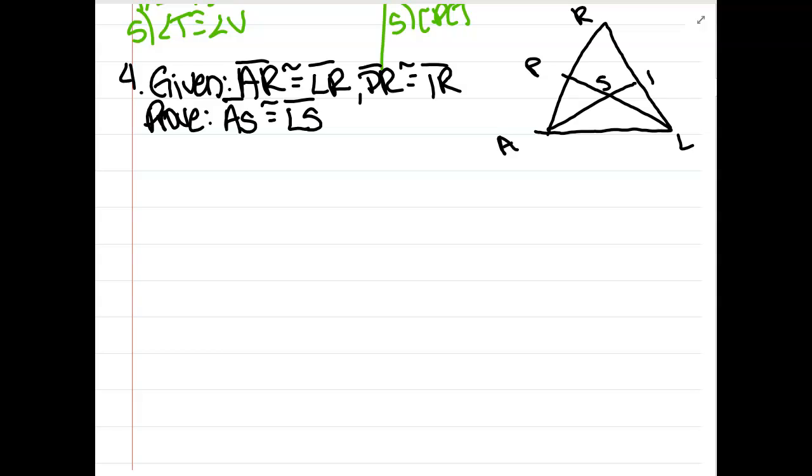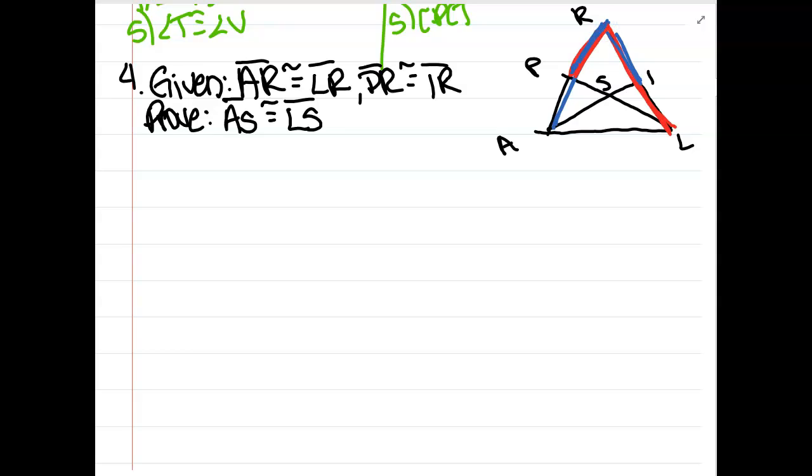So we have AR congruent to LR. If I were to mark those, AR congruent to LR, okay. We have PR congruent to IR.